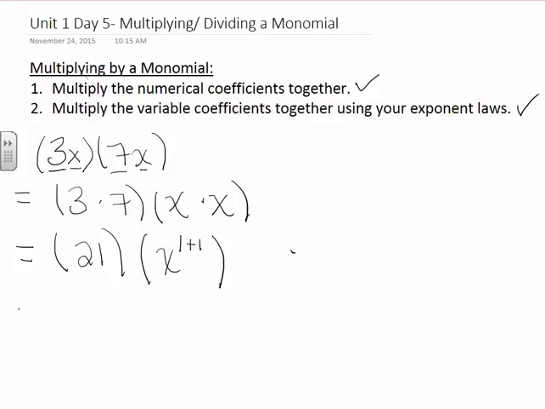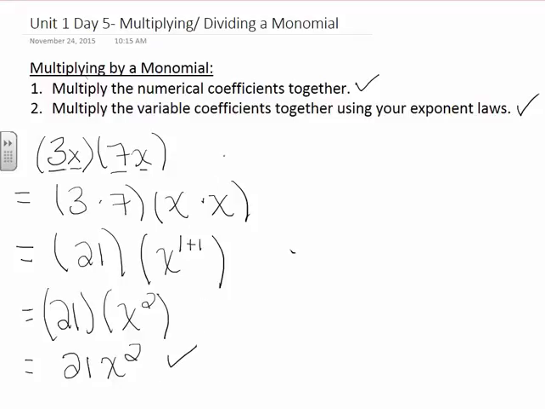This now gives us 21x squared. Then, to simplify one step further, we multiply the two together to get rid of the brackets. And that is our final answer, 21x squared, using our two steps to multiply monomials.